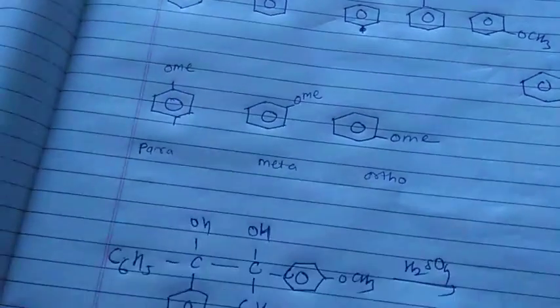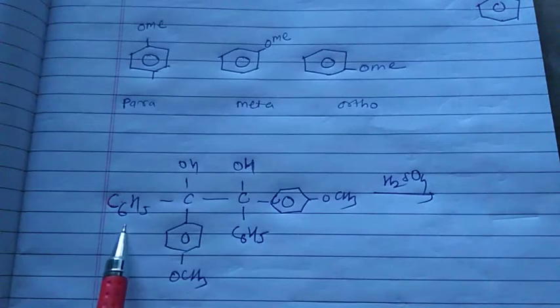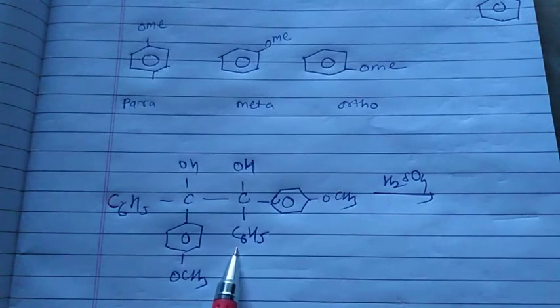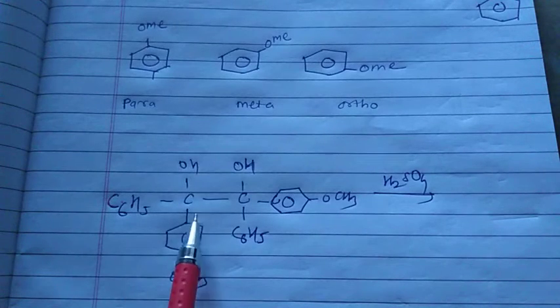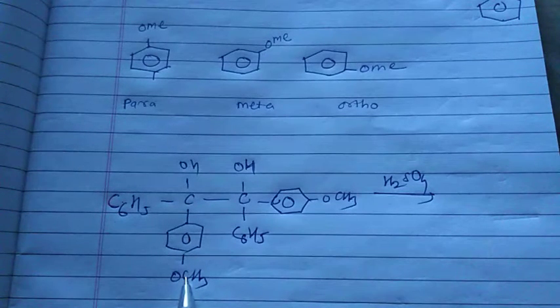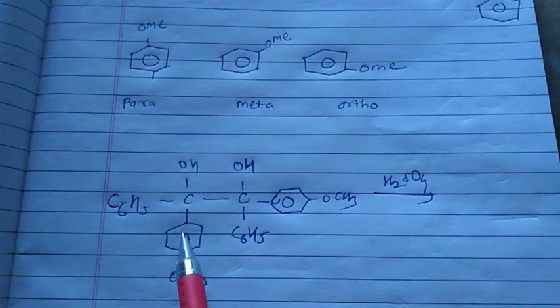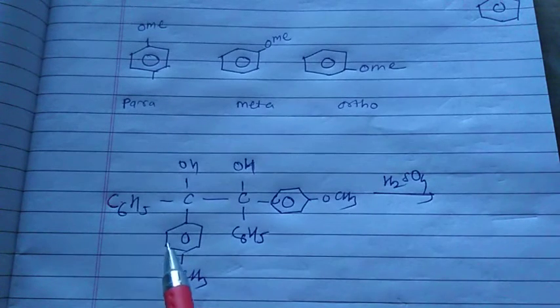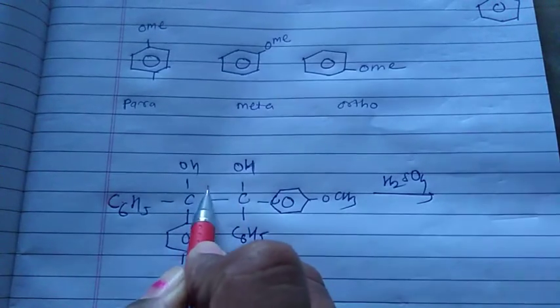Here we take one example. If this compound contains two different groups, here there is a phenyl group, and here this is another substituted aryl or phenyl group. The shifting of either this or this group to the adjacent carbon is called a 1,2 shift.